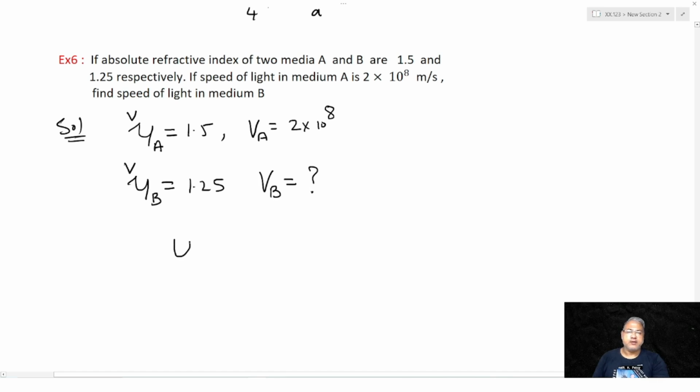Now the formula: refractive index of medium A with respect to vacuum. If you don't write anything, it is vacuum, understood. So that equals the velocity of light in vacuum upon the velocity of light in medium A. This implies 1.5 equals c upon VA.